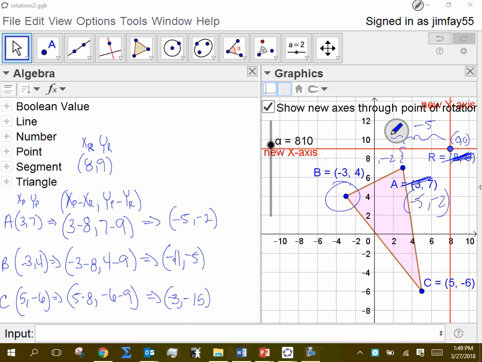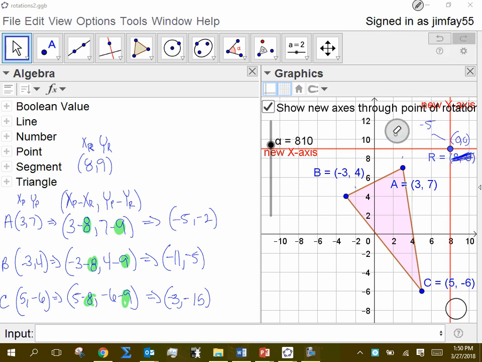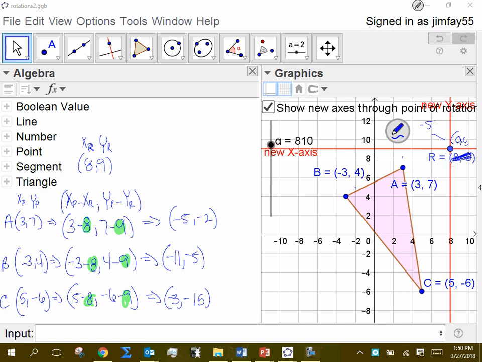What I'm trying to show you here is that once you understand the concept with one point, where I subtracted 8 and subtracted 9 from the x's and y's, it's the same thing that you do for every other point. So that gets every one of these points in the picture quickly rewritten and re-identified based off of this point 8, 9 actually being 0, 0.